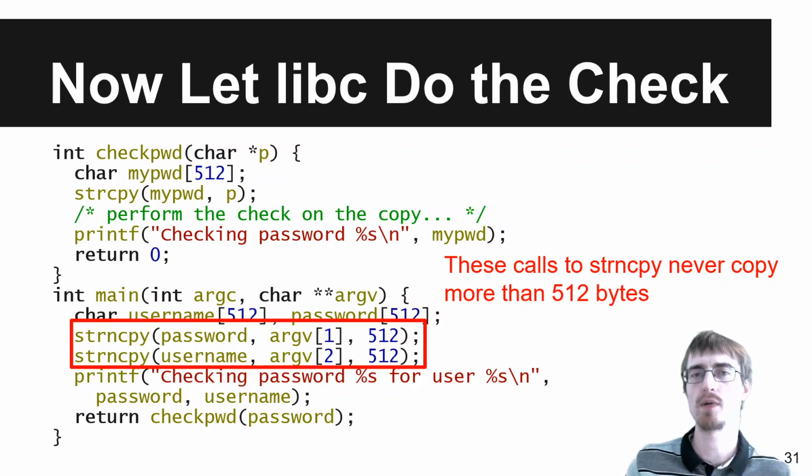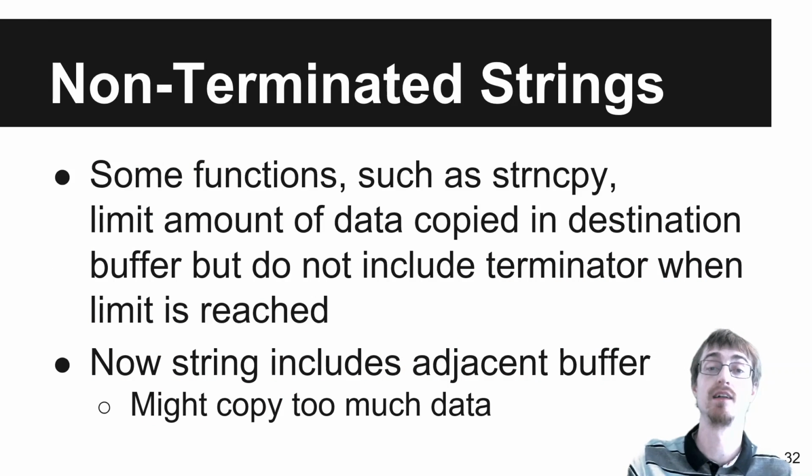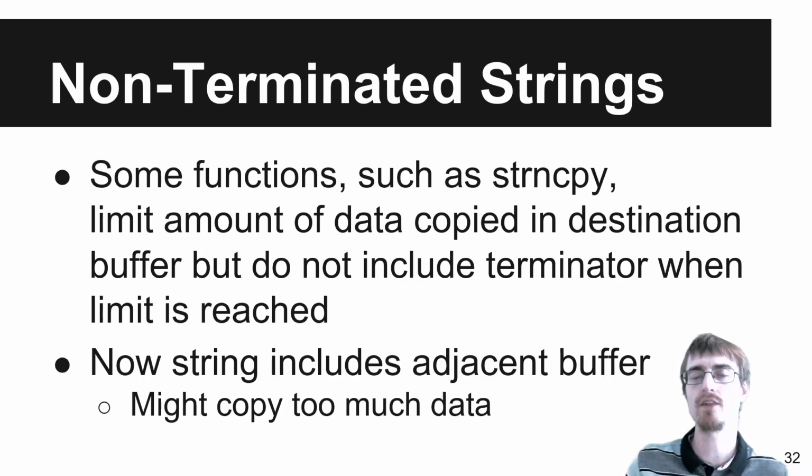Even though strncpy never copies more than 512 bytes, this is not necessarily a good thing. Some functions, such as strncpy, limit the amount of data but do not include the null terminator if they are clipping the string at the end.